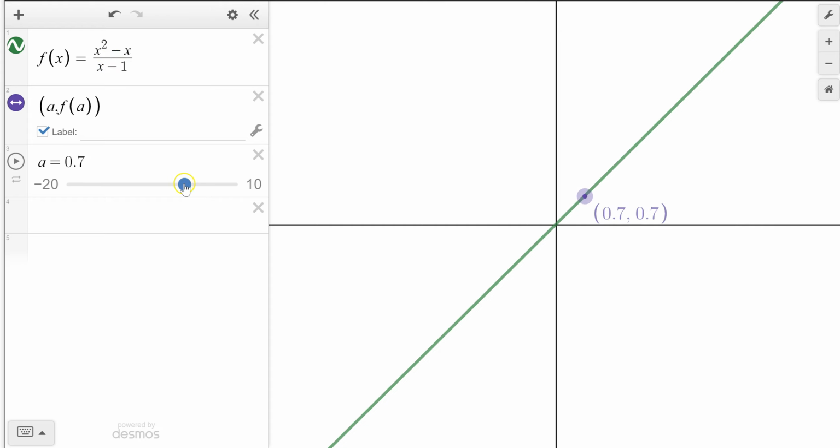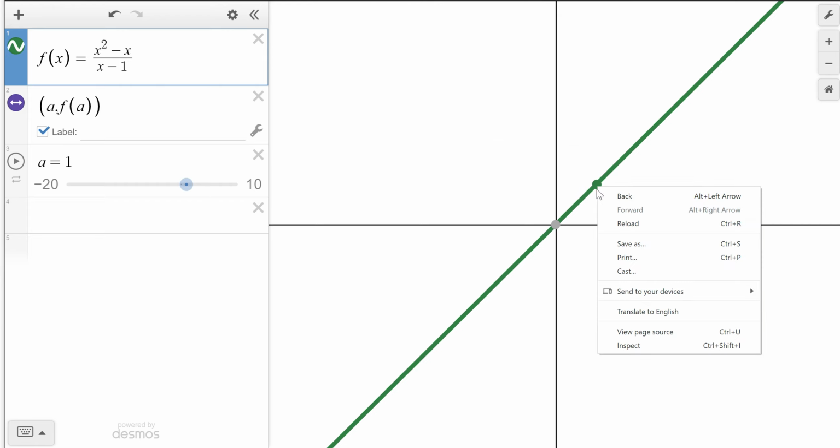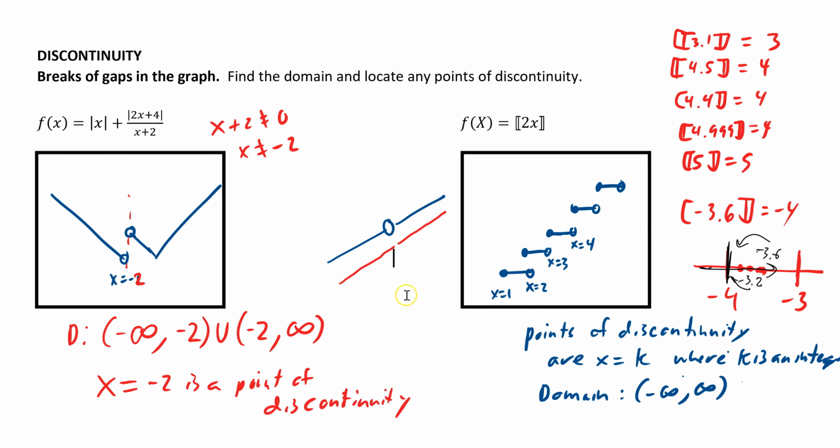If you notice, when it goes to 1, watch it, it just disappears. So if I get that to 1, there is nothing there. It even says 1 is undefined and puts an open dot there. So for me to actually graph that point, I would have to graph this line and then pick up my pencil and continue from 1. It would look like this.